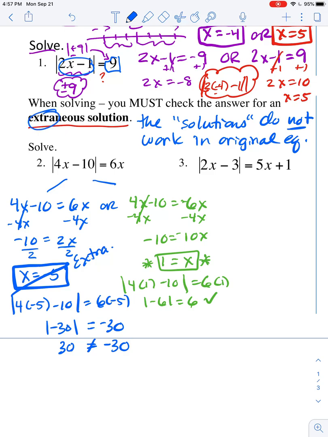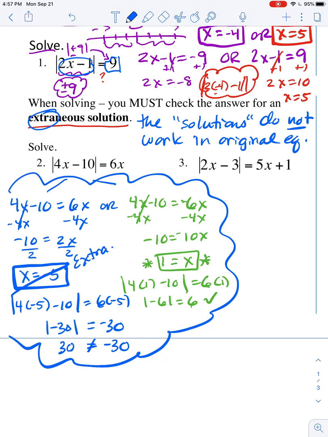And extraneous, the root word of that is extra, because it's an extra solution that you get when you do the math properly, but it doesn't actually work in the equation. So this is precisely what my work would look like on the test. I would show my work, and the test is Tuesday, remember. I would show my work, and then I would cross out the option that doesn't actually work, so that I, as the teacher, can say, oh, I see all this work you did, I know you understand, and then I see that you checked it and it didn't work.